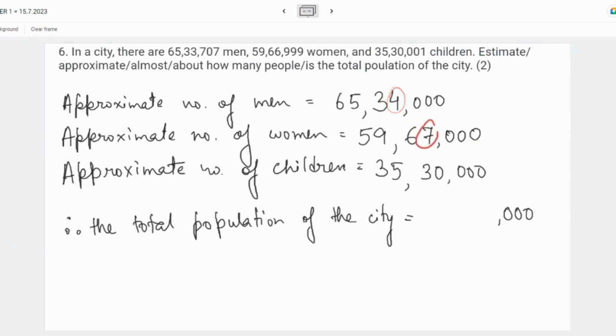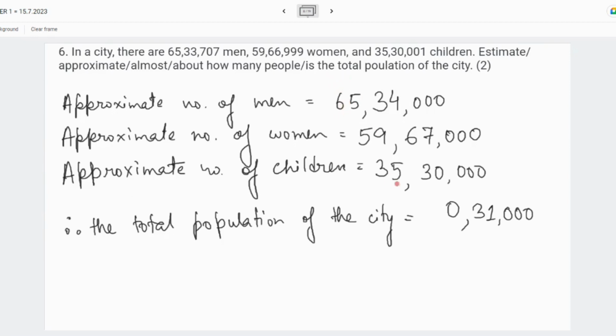At the last there are 3 zeros, all are thousands, so I'll simply write the zeros. In the thousands place I have 4, 7 and 0. 4 plus 7 is 11. I have carry over 1. So 1 plus 3, 4. 4 plus 6, 10. 10 plus 3, 13. I have carry over 1 again. 1 plus 5, 6. 6 plus 9 is 15. 15 plus 5 is 20.